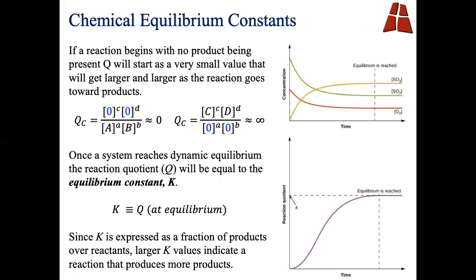And since K is expressed also as a fraction of products over reactants, larger K values will indicate that a reaction has more products than reactants, whereas if we have K values less than 1, that would indicate we have more reactants than products. Okay, that's a very important point. So if you didn't get that, rewind this video, listen to it again.